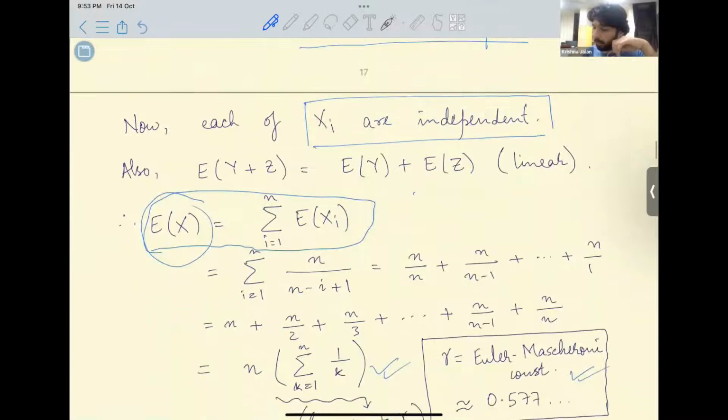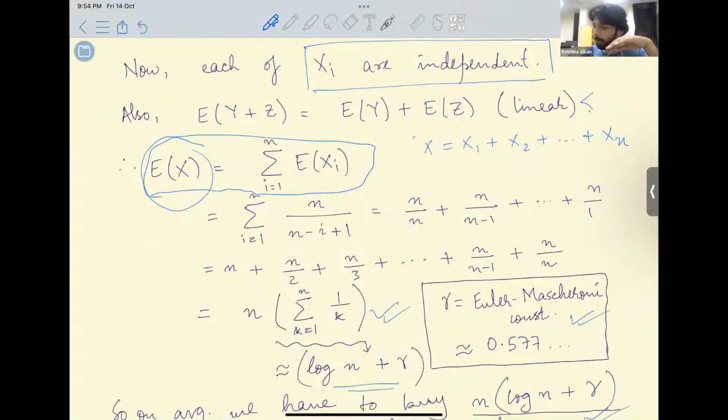So if you recall, x was x1 plus x2 plus so on up to xn. Okay. So because each of xi is independent of each other, I can break up this E of x into sum over expectation values of xi's. Okay. Because of this linear property.